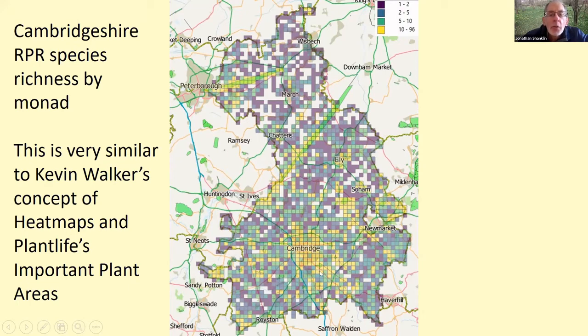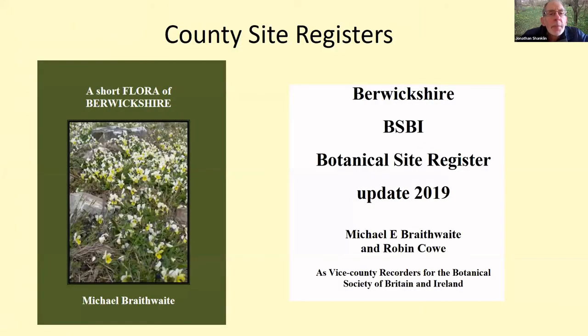Also, there's a concentration around Cambridge that is only partly local recorder effort, and that is something to be aware of. But also in the southeast of Cambridge, there are the chalk grasslands, which do contain many rare and threatened species. And then just to finish with, I'm going to briefly mention the concept of site registers.